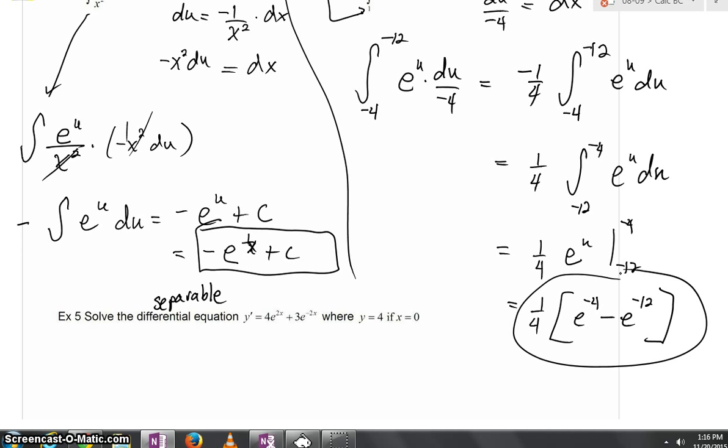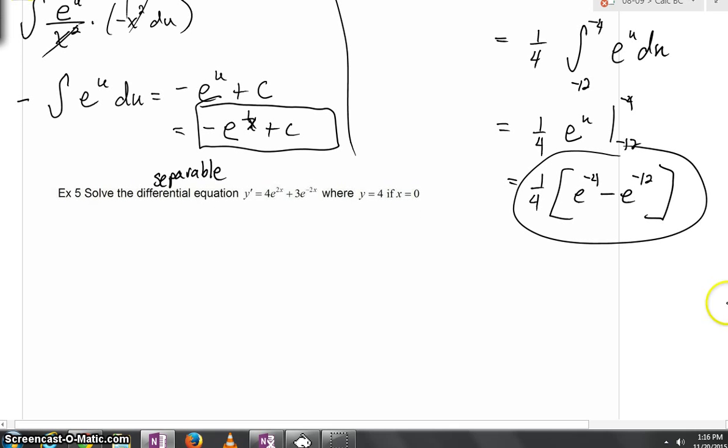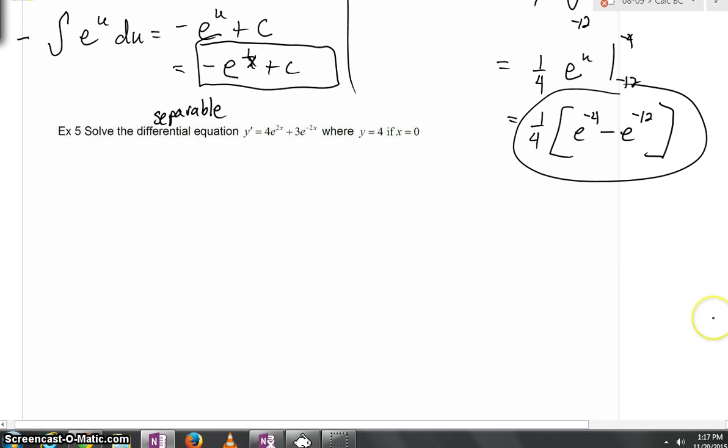Okay? Tell you what. We did have an earlier question in regards to finding a constant. That's more or less what's happening here. You're introduced to solving a separable differential equation.